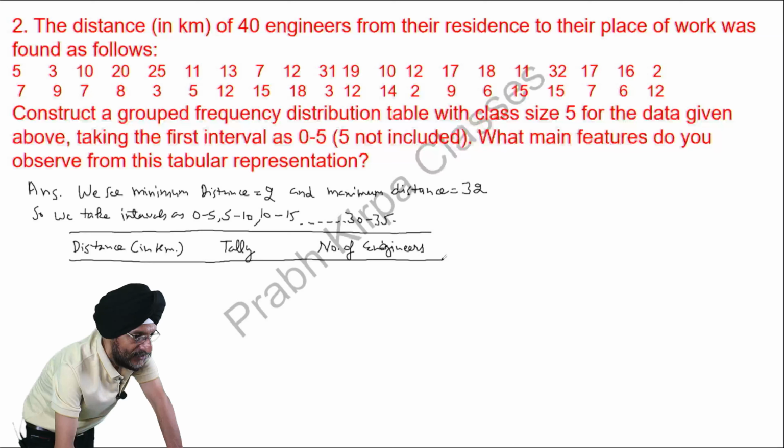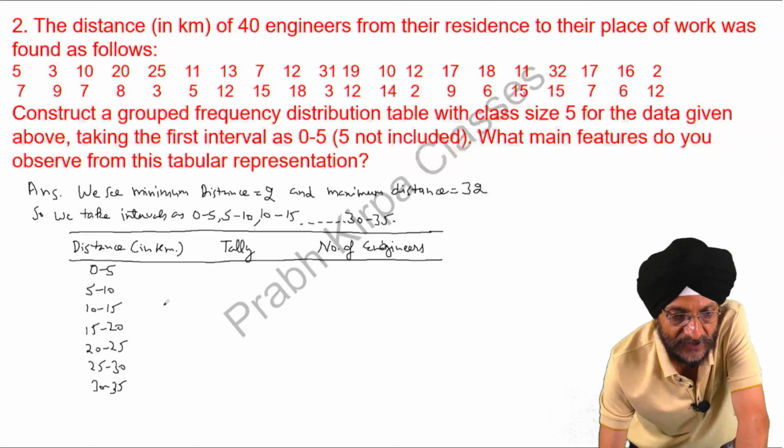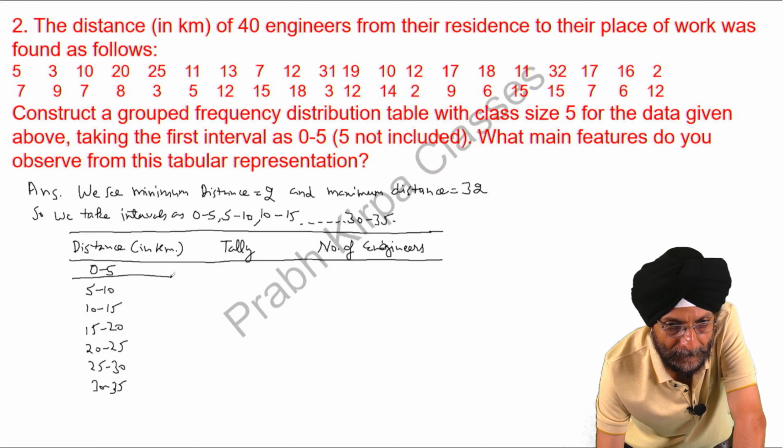So these are the columns which we have to form. The first interval will be 0 to 5, then 5 to 10, then 10 to 15, 15 to 20, 20 to 25, 25 to 30, and 30 to 35. These will be the groups.